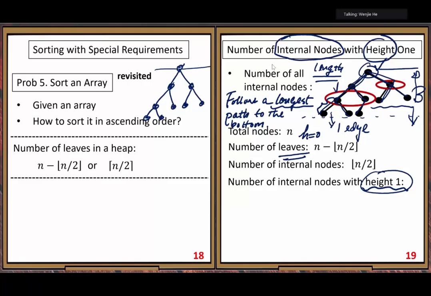Now we count the height number with respect to the bottom, but many students count with respect to the top. So the number of edges 1, this distance, edge number 2. That's the wrong way. That's not the right way to define the height number.